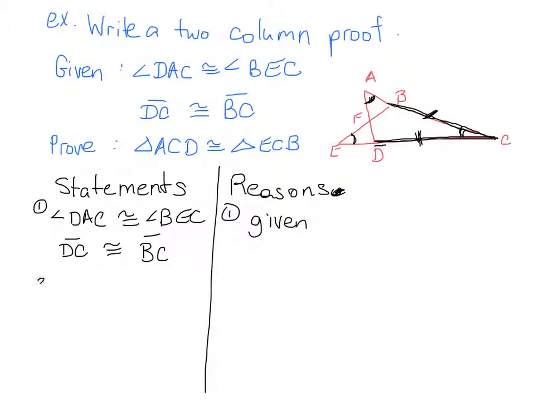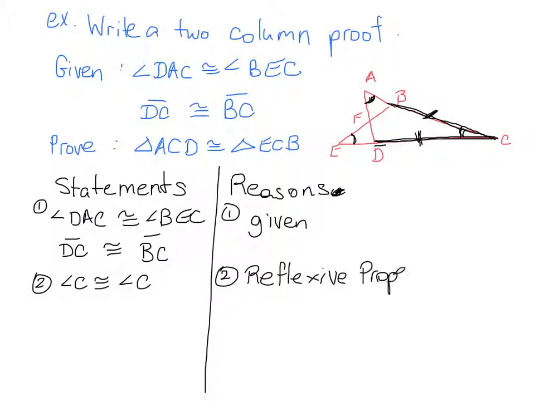So our second statement is that angle C is congruent to angle C, which, well, isn't that obvious? Not really. You really have to back up everything you say. So that's because of the reflexive property of congruence. So we'll just say the reflexive property here.